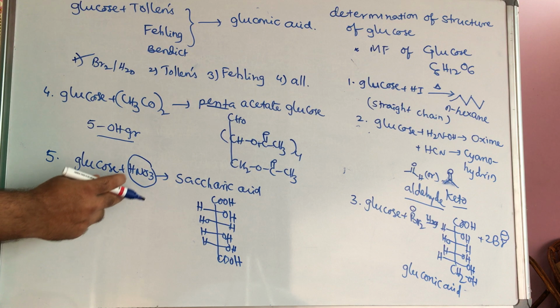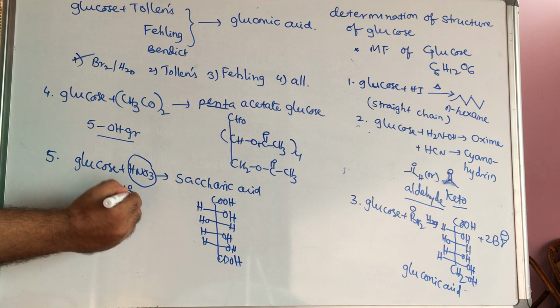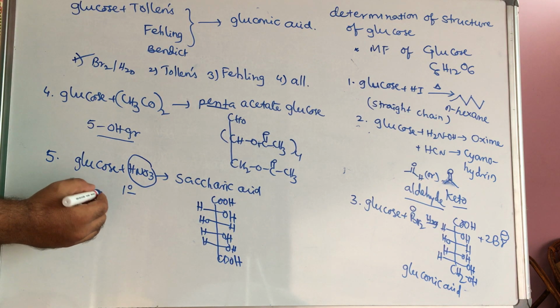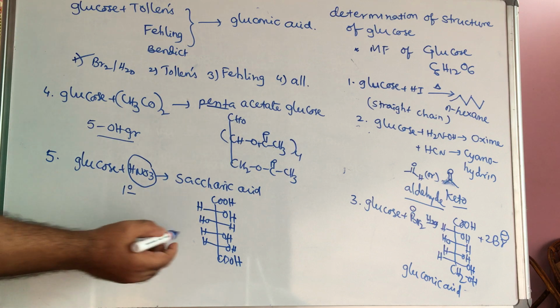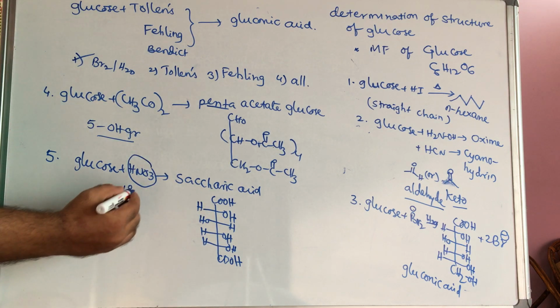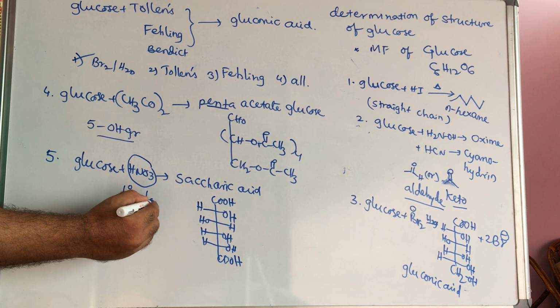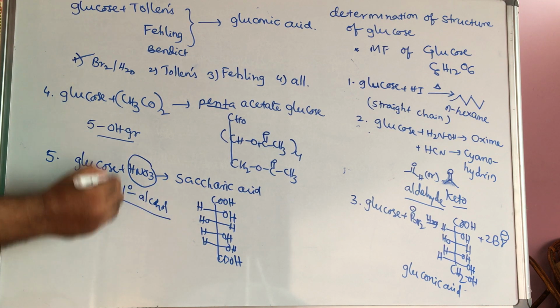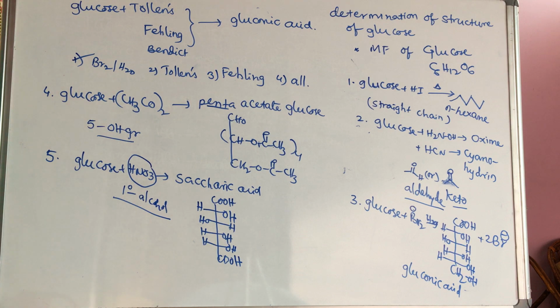HNO3 oxidizes only primary alcohol and aldehyde groups, but not secondary alcohol. So the secondary alcohol groups remain as they are. Based on this, we conclude that one primary alcohol group is present in glucose.